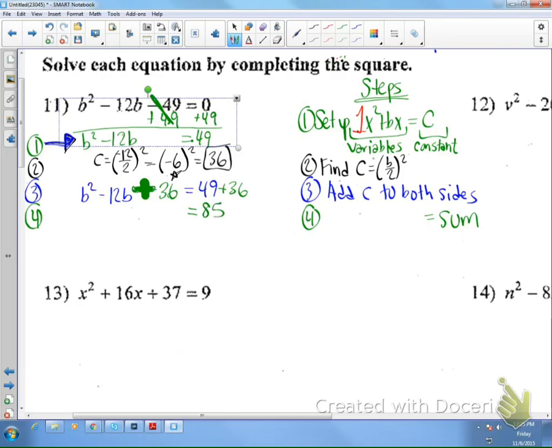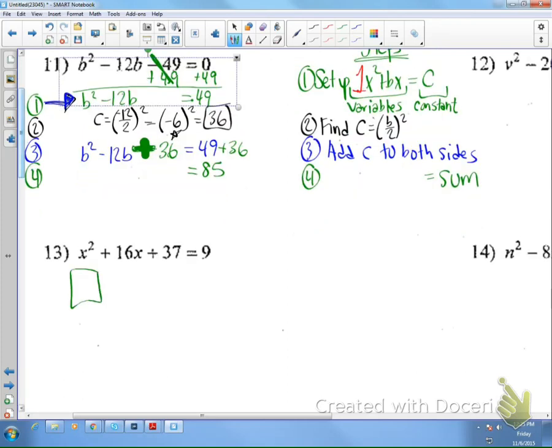On the left-hand side, we can do this. I'm just going to draw a picture down here. We have b squared. How many characteristics do we put on the left? How many characteristics do we put on the right? Negative 6, because it's half of that, isn't that the star?